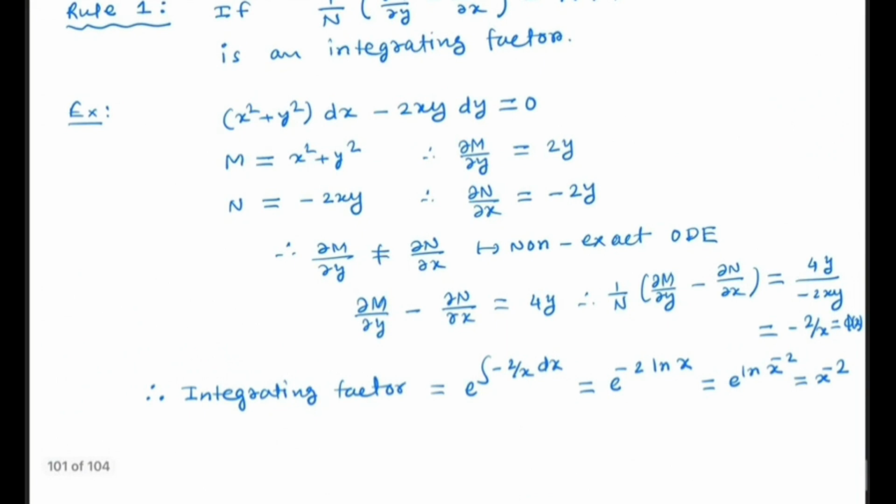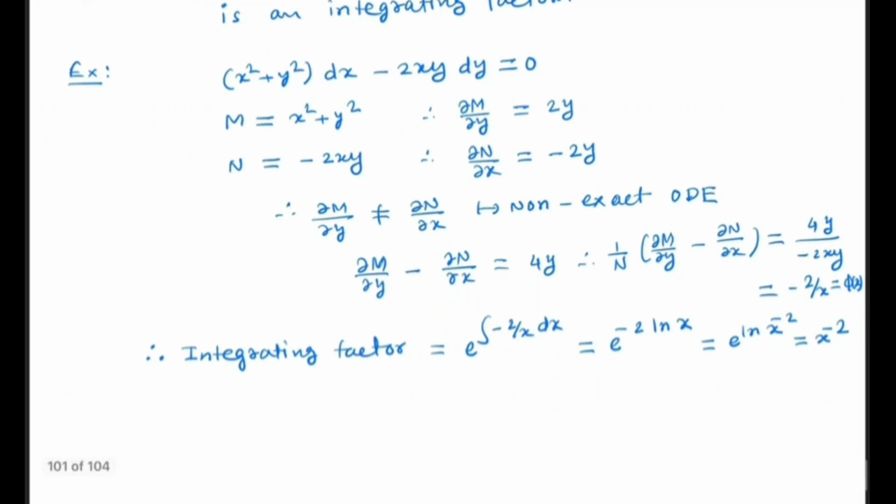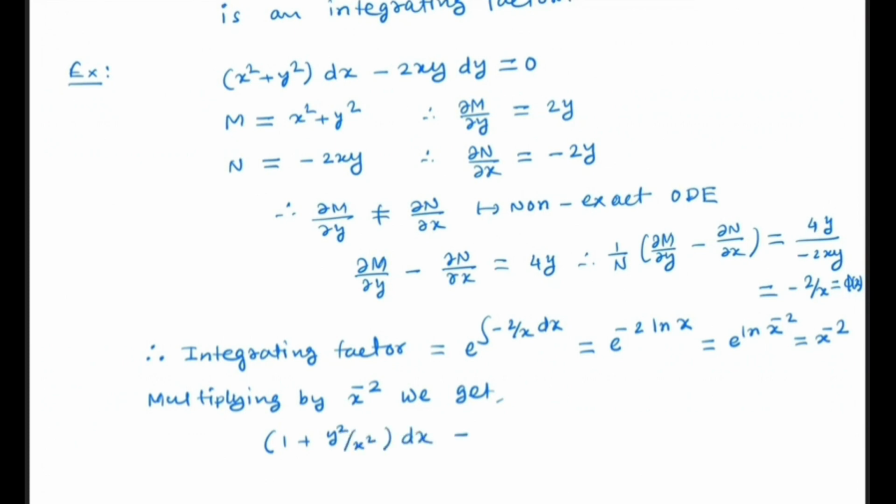Now we will see how, by multiplying by this integrating factor, this equation becomes exact. So multiplying by x to the power minus 2, we get (1 plus y squared/x squared) dx minus (2y/x) dy equal to 0.